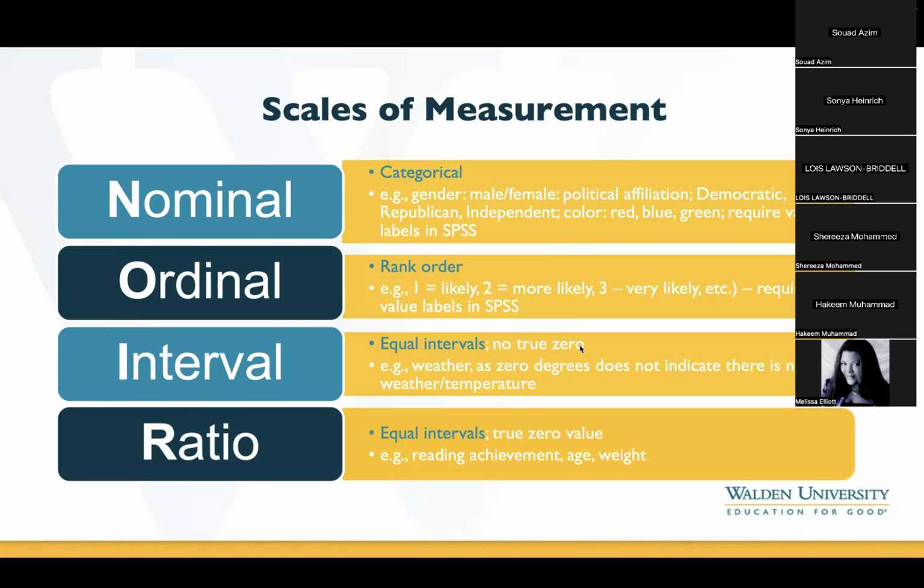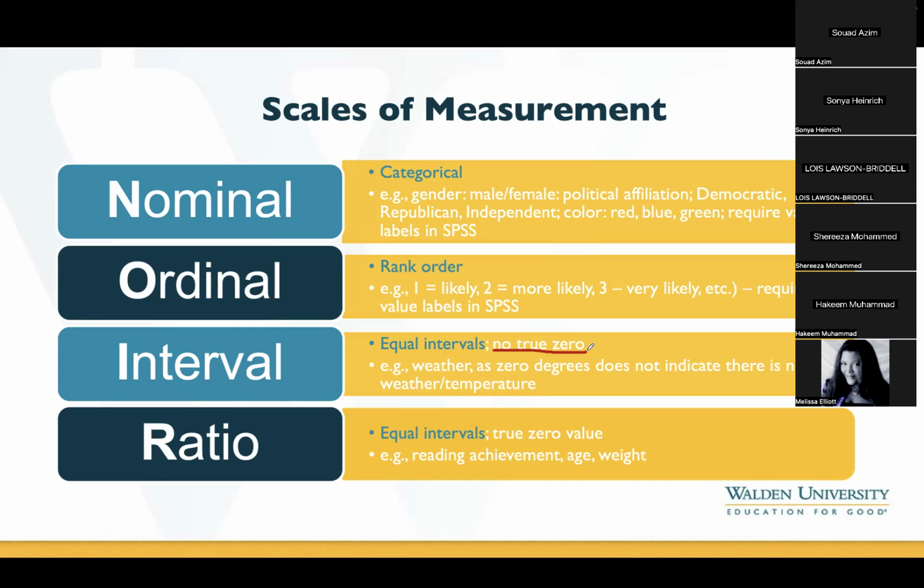Now, what do I mean by that? And there's an example in the slide, weather. Suppose you were measuring weather and you got to temperature that was 0 degrees. Does that mean that there is no existence of temperature? No, it doesn't. So there's no true zero. That just means it is very cold because we can go negative this, negative 10, negative 20.